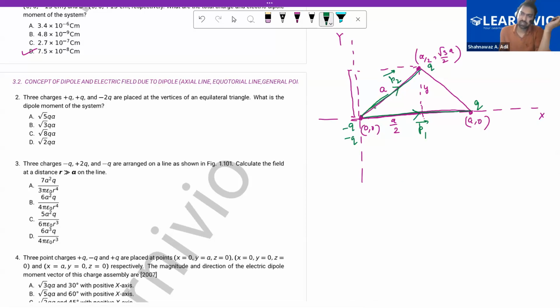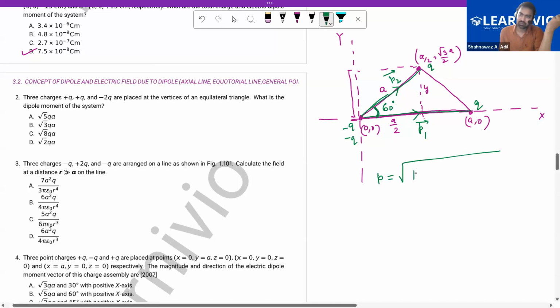And what is the angle between these two? 60 degrees. Absolutely correct. So we have two vectors and the angle between them, so we can calculate the resultant. Let's say the resultant is P. That would be P1 square plus P2 square plus 2 P1 P2 cos theta.